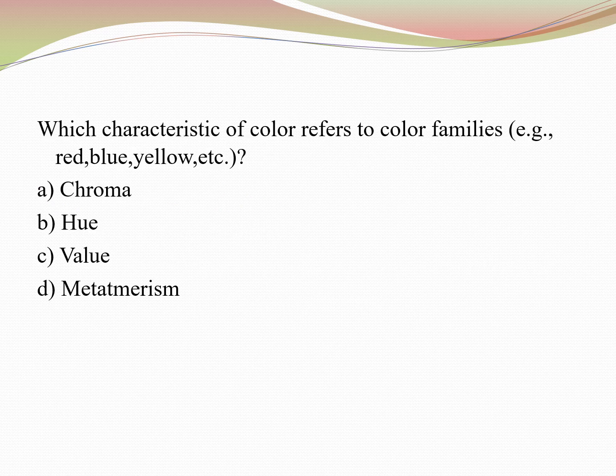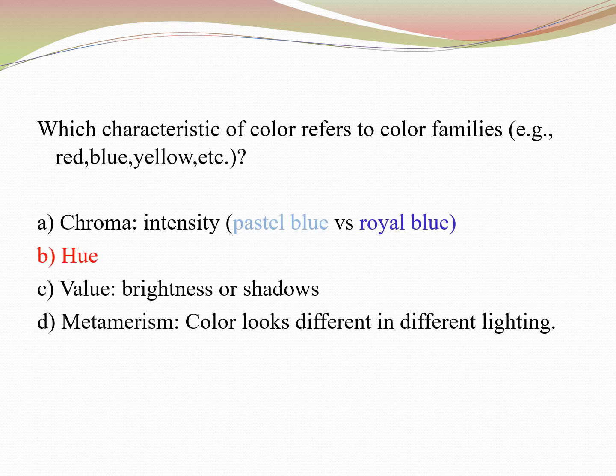Characteristic of color refers to the color families. Remember, red, blue, and color shading is in our light. Is it chroma, hue, value, or metamerism? It's hue. Chroma is the intensity, like a pastel versus a royal color.